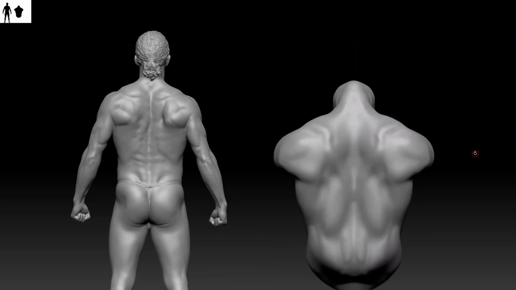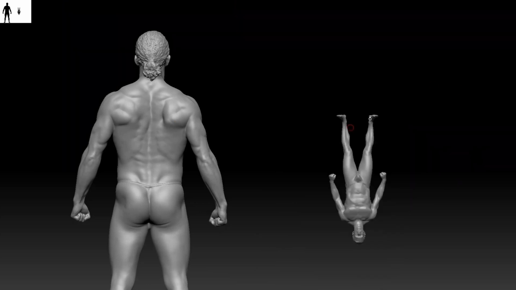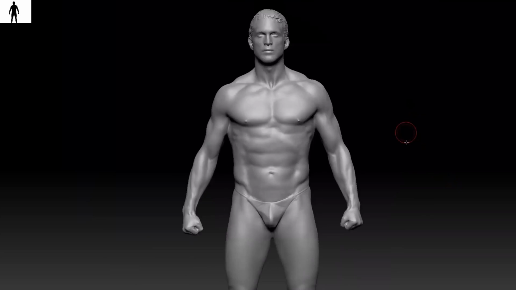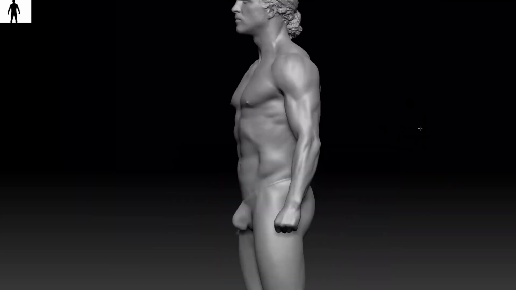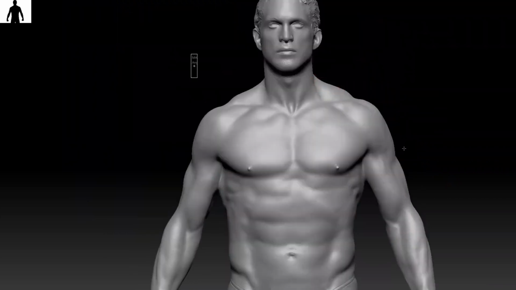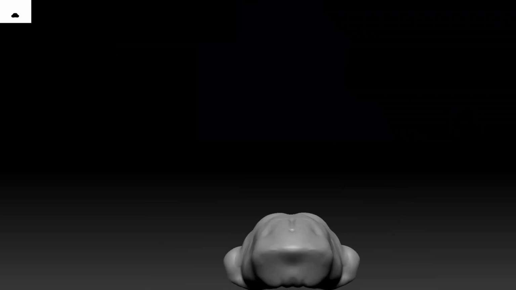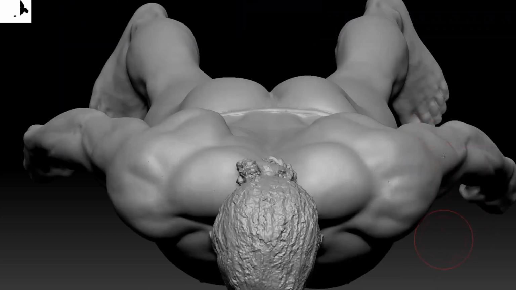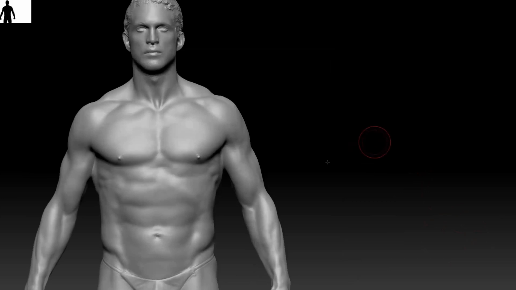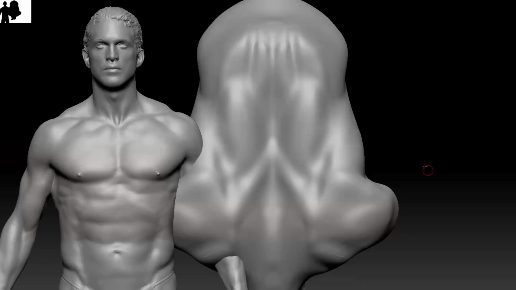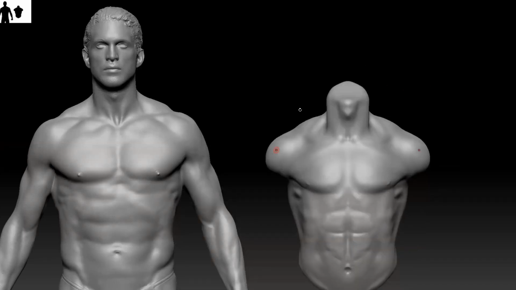So for example, let's say I'm looking at this guy, and this guy is my reference point, and I go, okay, I'm going to study this area on him, right? So here, without looking at him, this is how I'm conceiving of the area.